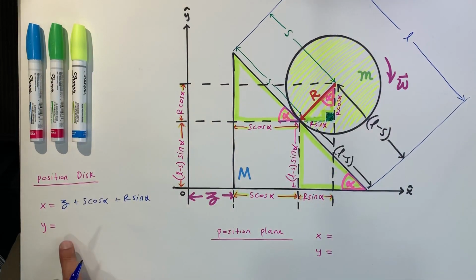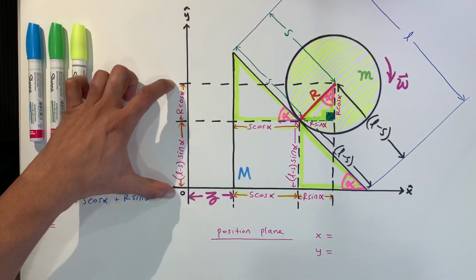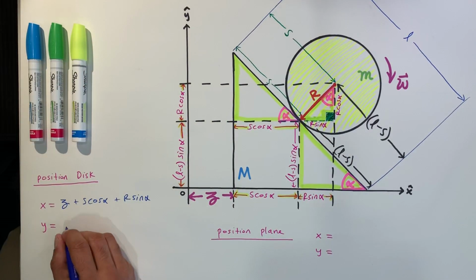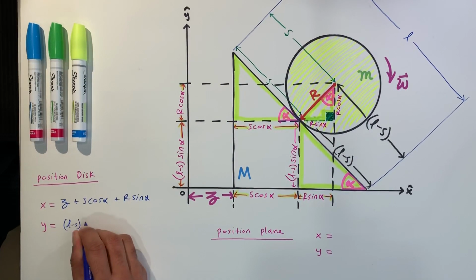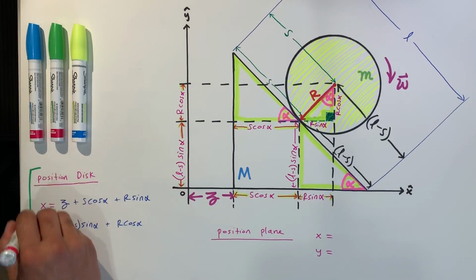I'm good to go. For the Y, I want to go to the center of the disc. So I'm going to do L minus S sine alpha plus R cosine alpha, which is this piece, all right? And I'm done for the position of the disc.